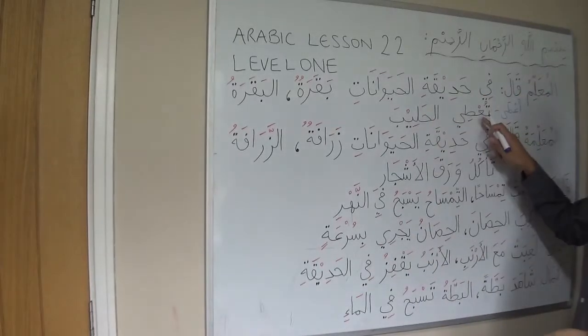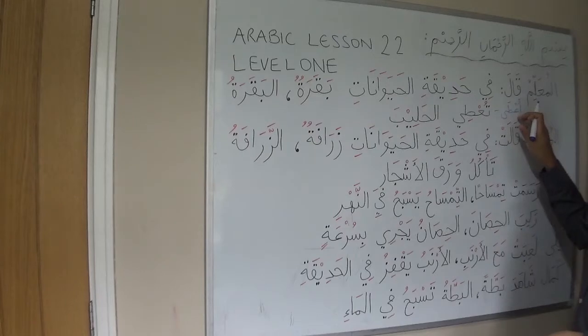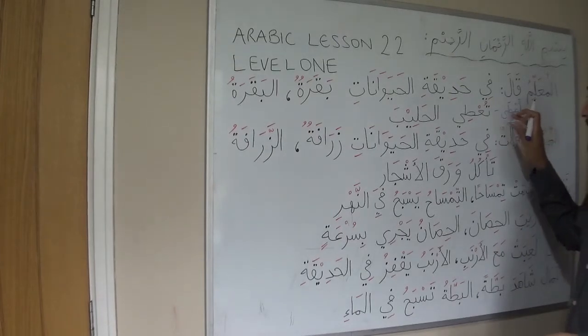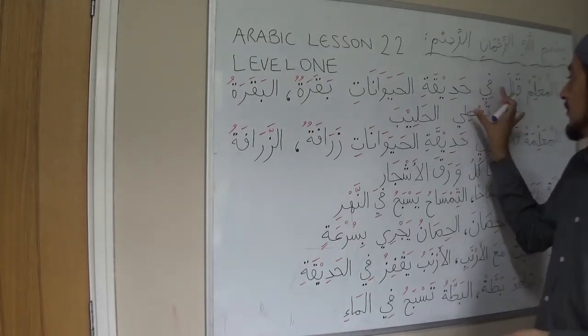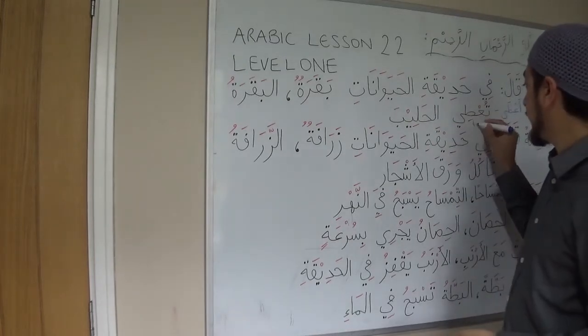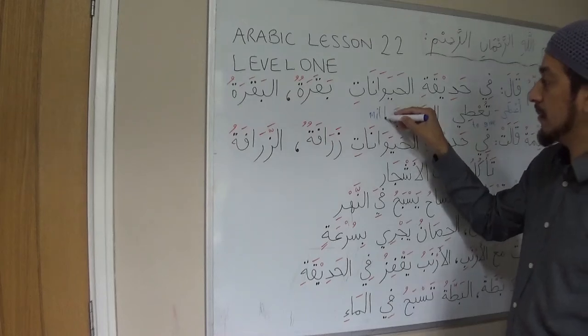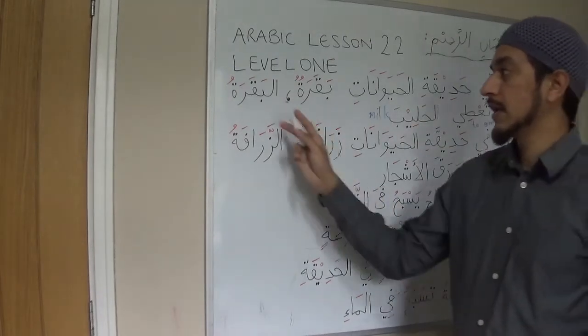So the cow, she gives milk. That's the verb. أعطى is in the past tense, the madi, and this is the mudari. So two verb forms there. تعطي الحليب, to give. Al-halib, milk. So the cow gives milk.